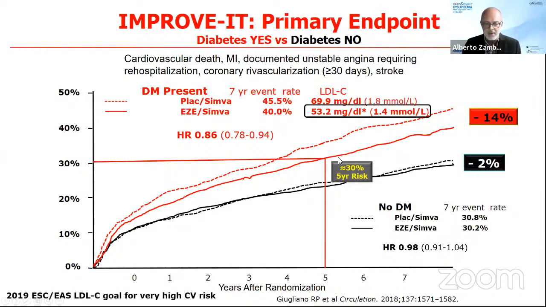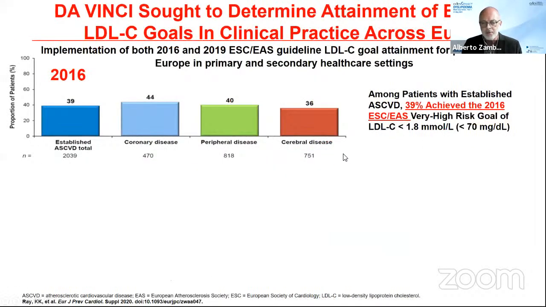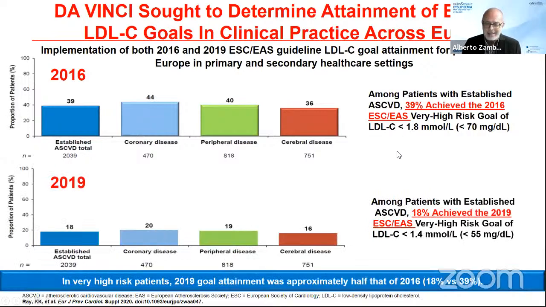of clinical events. Now, as Professor Koch-Ray mentioned, when we moved from the 2016 guidelines, LDL cholesterol goals for those at very high risk, 1.8 millimoles, to the 2019 guidelines, a more aggressive and lower LDL goal for the very same population, 1.4 or less, the number of patients in real life, particularly very high risk, as you can see, 4 categories here, all at very high risk, that achieved these goals halved.